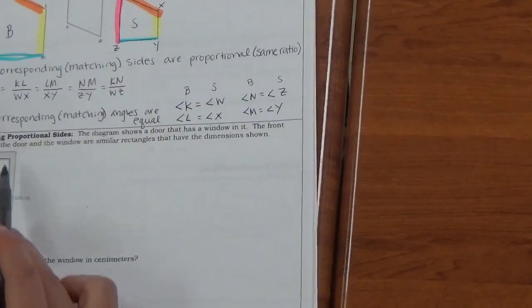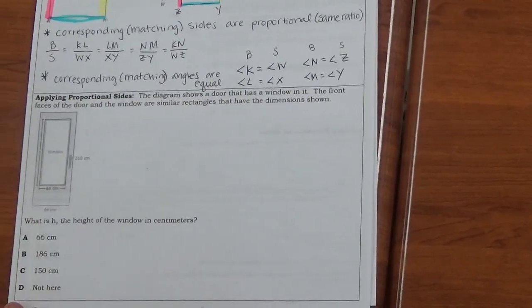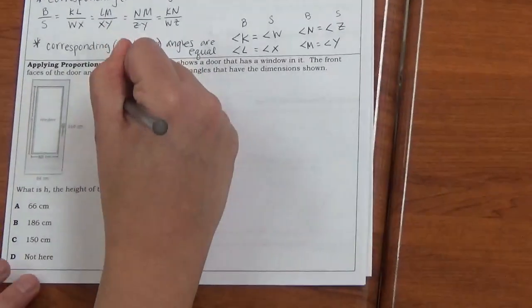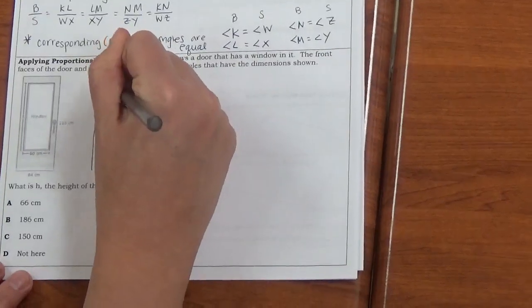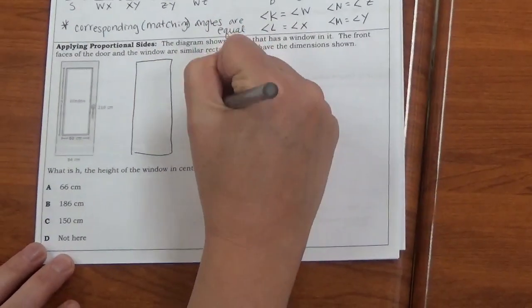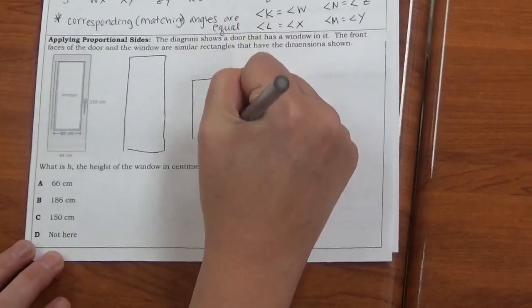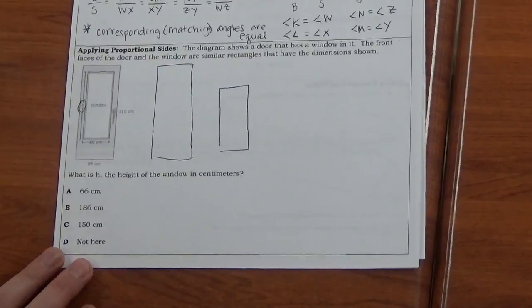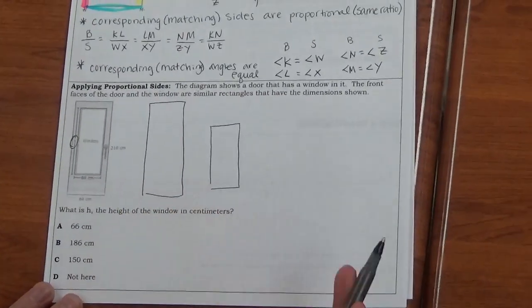They said that these two, the window and the door, are similar to each other. They're proportional sides and equal angles. We can use the proportional sides to make a proportion and find out that missing measurement, the height of the window. I'm going to draw these as two separate shapes.